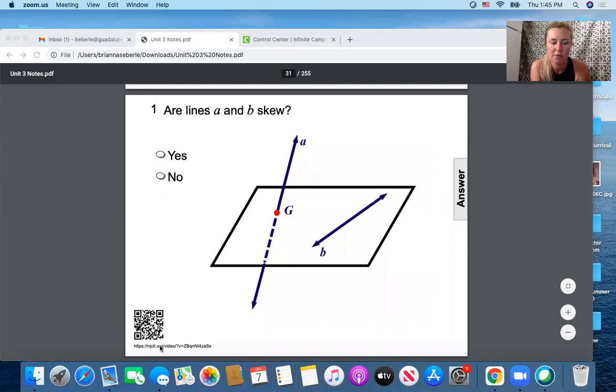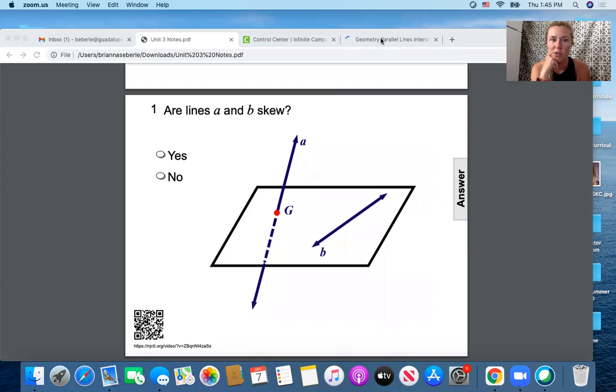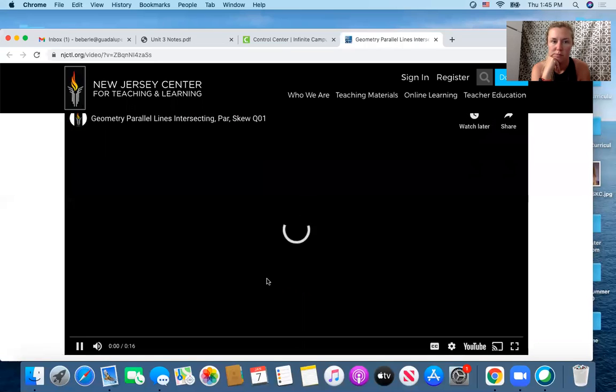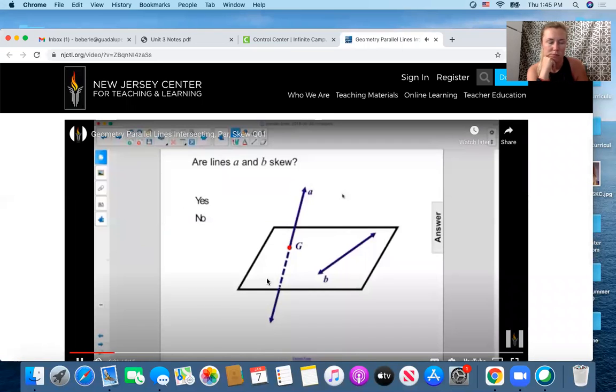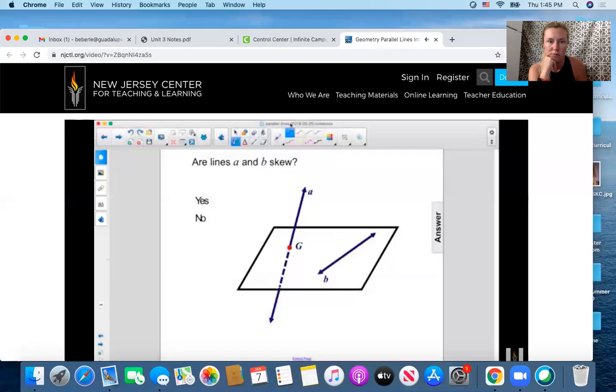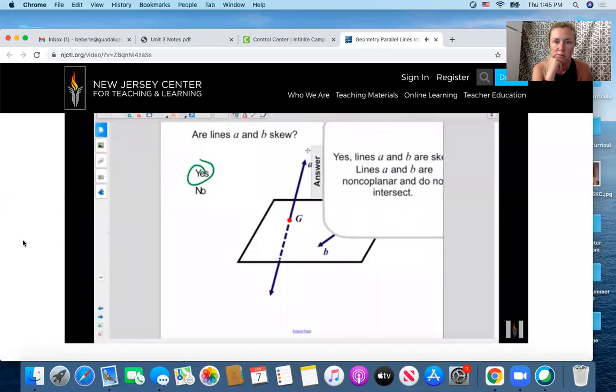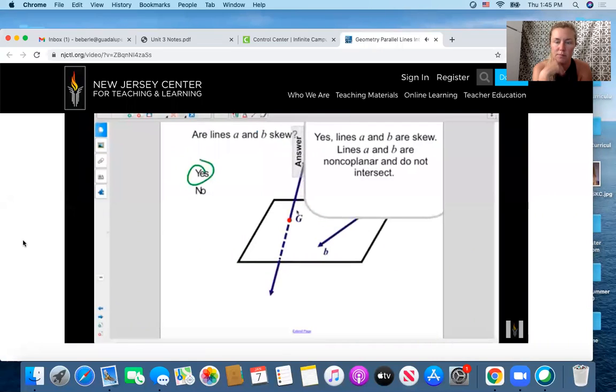All right, here we go. So the first question: are lines A and B skew? Why, yes, they are, because as you can see, they're not coplanar, they're in different planes, and they don't intersect.